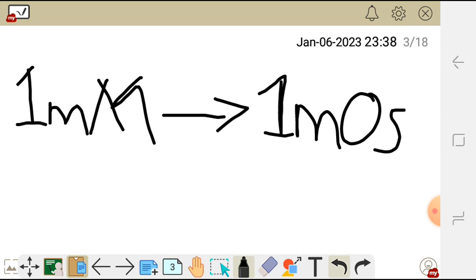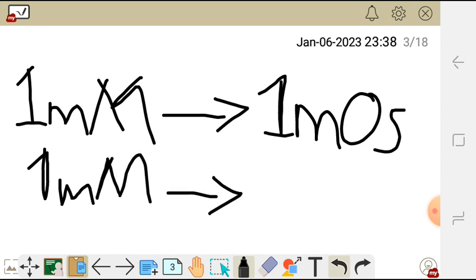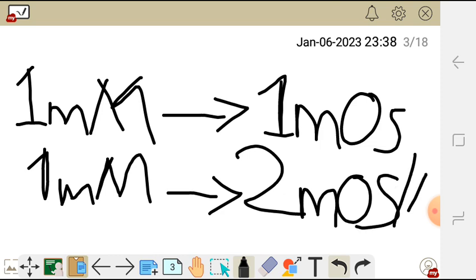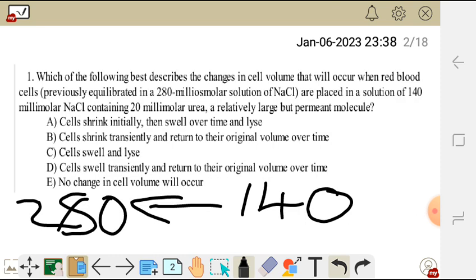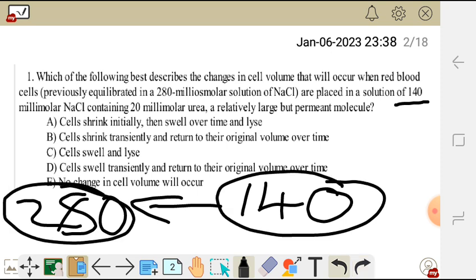But for sodium chloride, if we have 1 millimolar, then it equals 2 milliosmoles per liter. Why? Because it dissociates. So here we have 140 millimolar of sodium chloride, so it will dissociate and form 2 active osmoles, meaning 140 will give us 280.